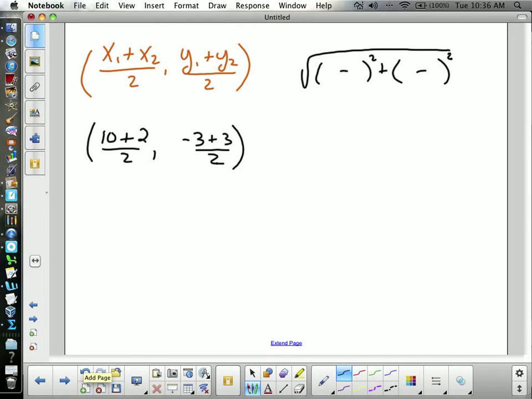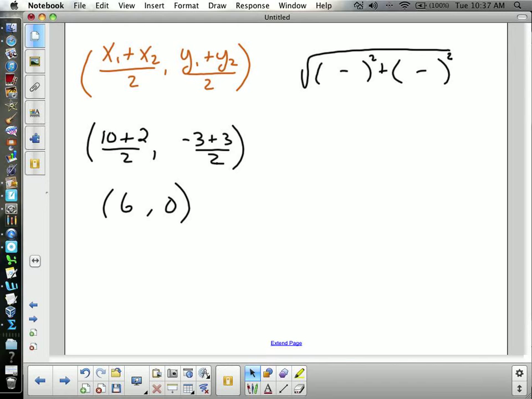Remember, we're calculating a point, which means you have x and y coordinates. 12 over 2 is 6, 0. And there we are. I don't combine those. I saw several people on the quiz, when we did this, and they did 6 plus 0 equals 0. That's not a midpoint. A point has x, y coordinates in the coordinate plane. You should know that from Algebra 1. You should be very familiar with that.